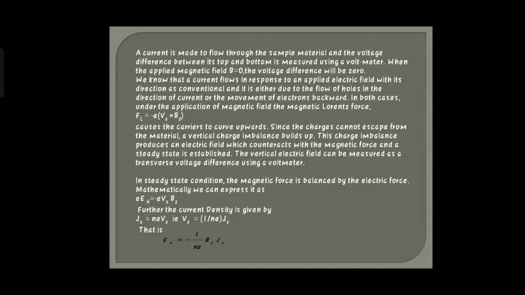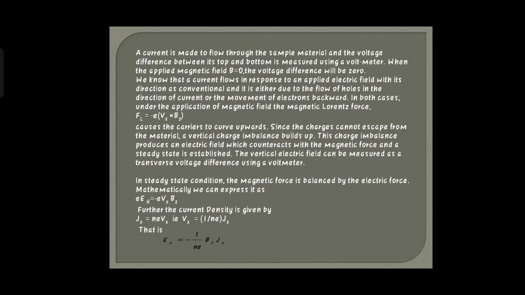Further, the current density is given by Jx is equal to N e Vx. Therefore, we can take Vx as 1 by Ne into Jx. Thus, on substituting, we get the Hall electric field EH is equal to minus 1 by Ne, into Bz into Jx.